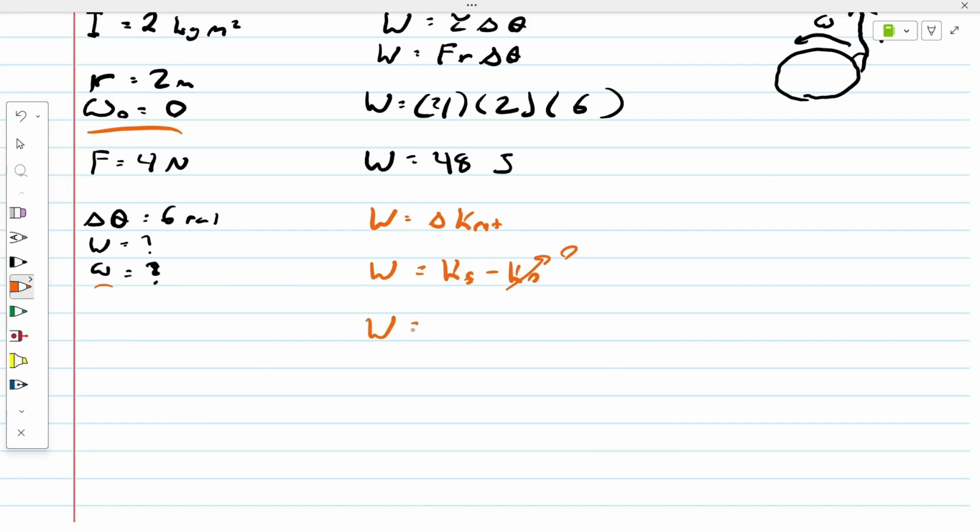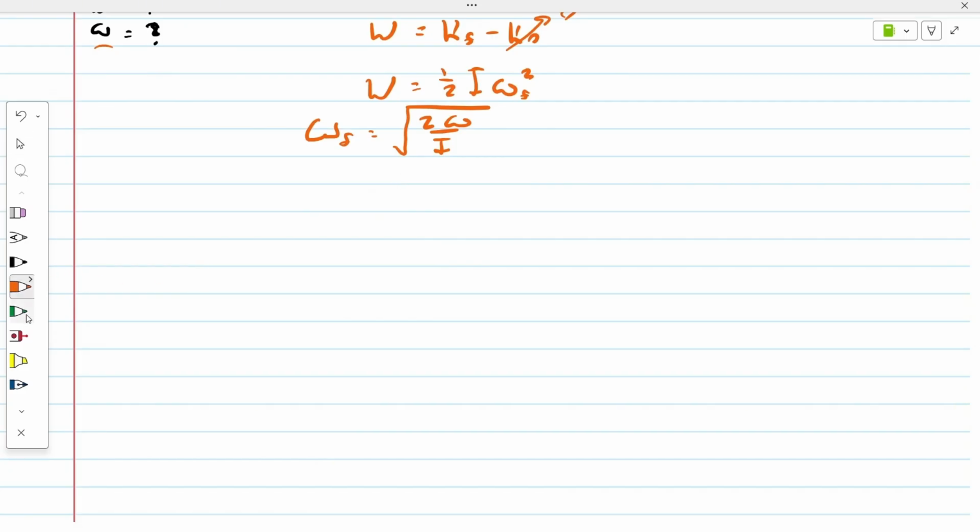Basically, the rotational kinetic energy, which we derive from the linear velocity one, is one half the rotational inertia times the angular velocity squared, and this is final. Now we have all these variables, so we can rearrange this for the final angular velocity, and we would have the square root of 2 times the work over I.